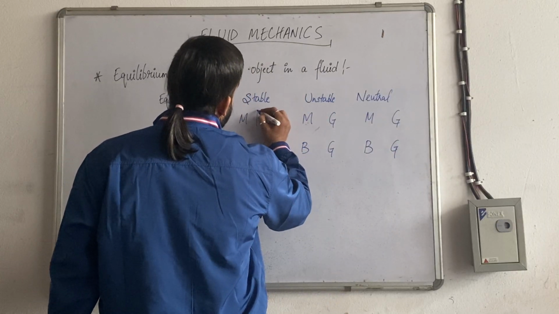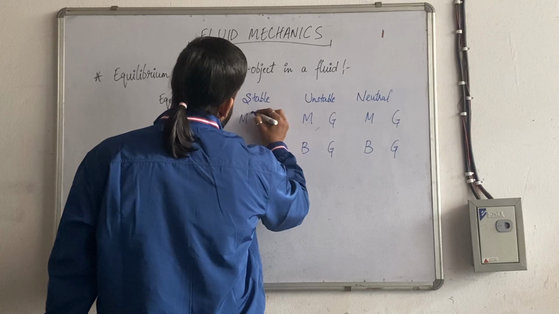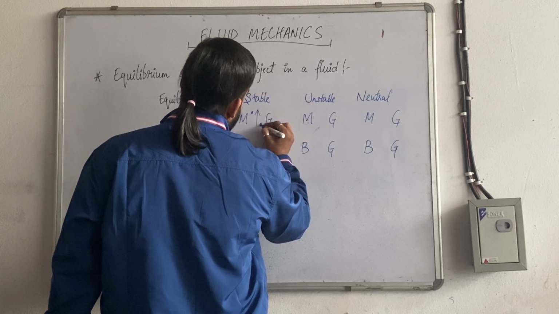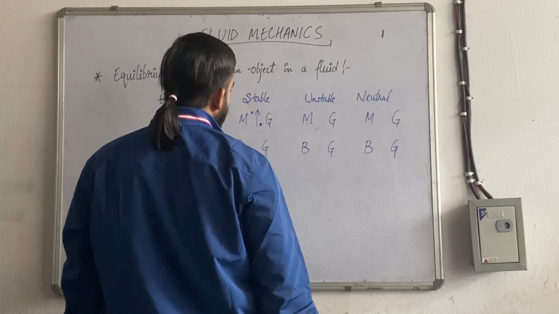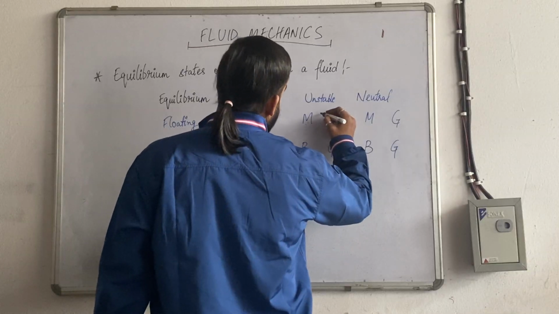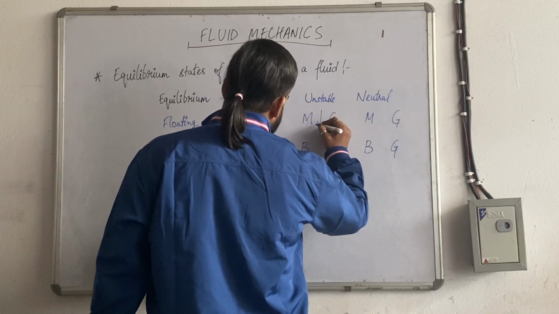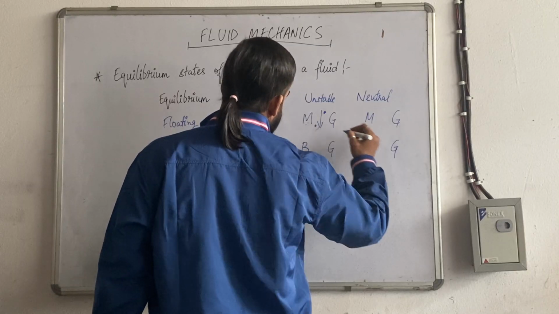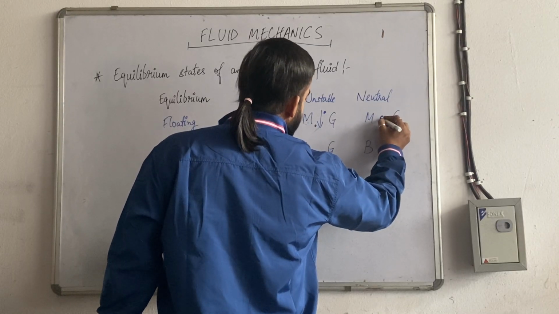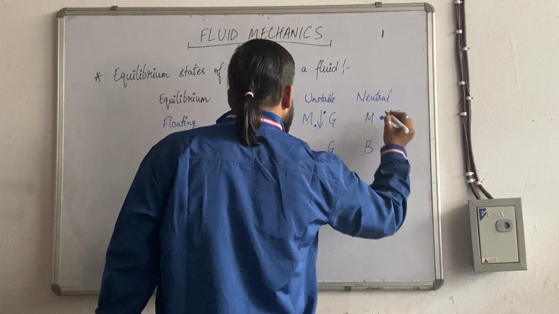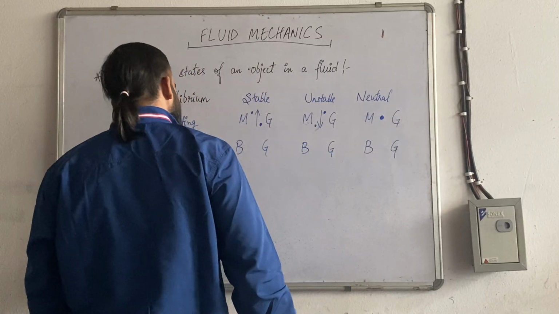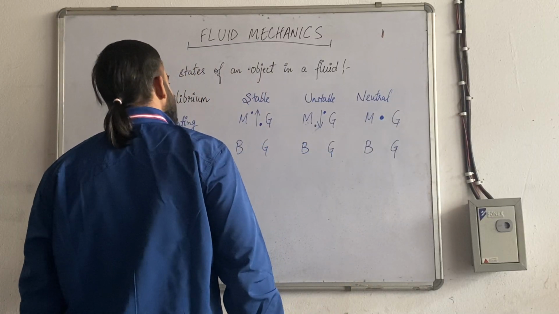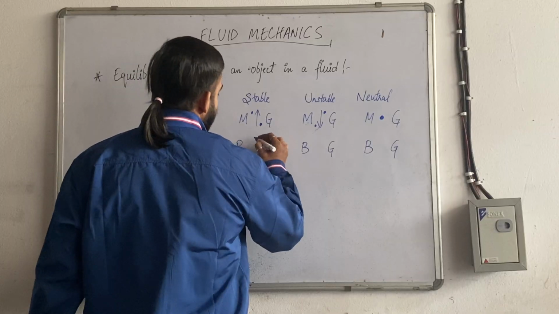When metacenter is above the center of gravity for a floating object, there will be a stable equilibrium. If metacenter comes below center of gravity, the equilibrium becomes unstable, and if metacenter and center of gravity coincide, the body is in neutral equilibrium.